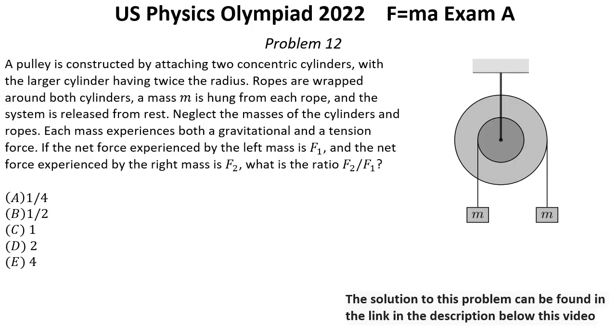Neglect the masses of the cylinders and the ropes. Each mass experiences both a gravitational and a tension force. If the net force experienced by the left mass is F1 and the net force experienced by the right mass is F2, what is the ratio F2 over F1?